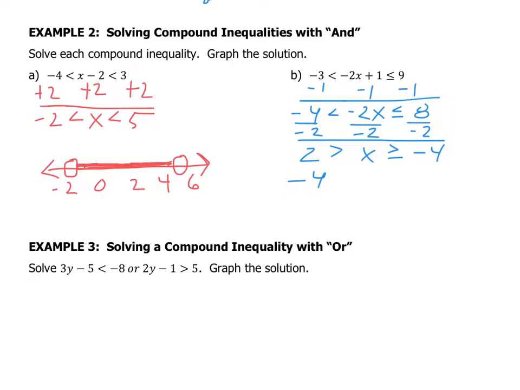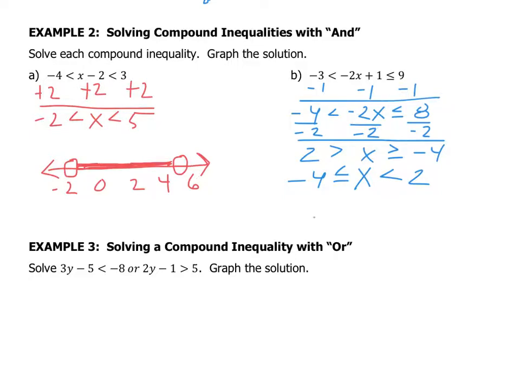So the x is now going this way, and then again the symbol that 2 is greater than x is going to have to reverse at the same time as I reverse it again.